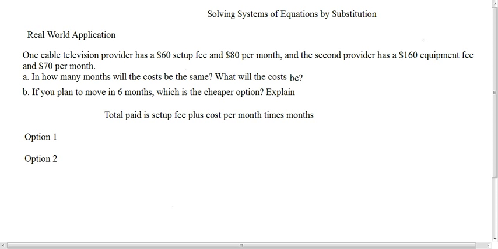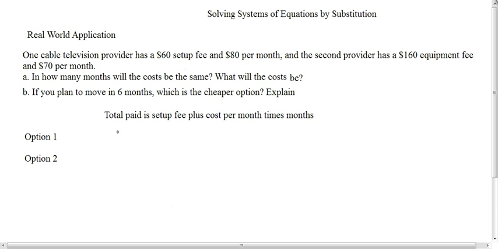Okay, so let's take a look at, well, what do we know? We know the total paid, and we can call it total or T. Let's call it Y, so we don't get confused with what is our independent and dependent.